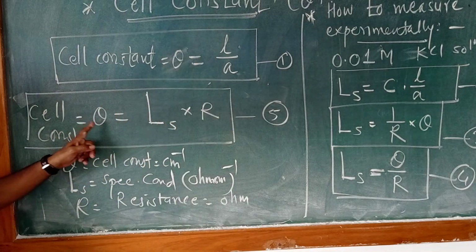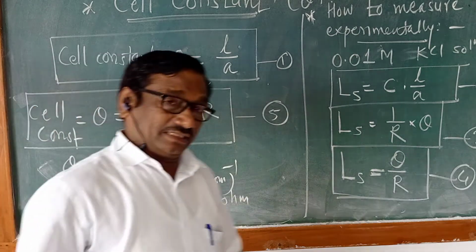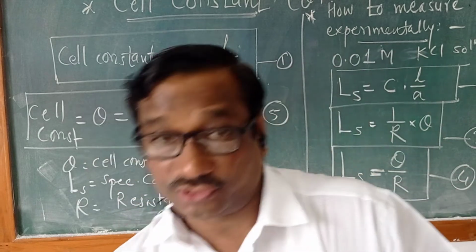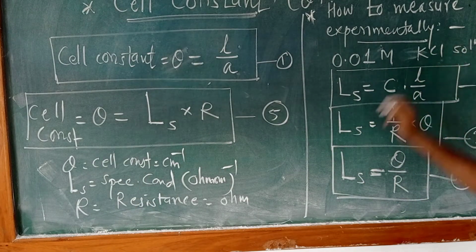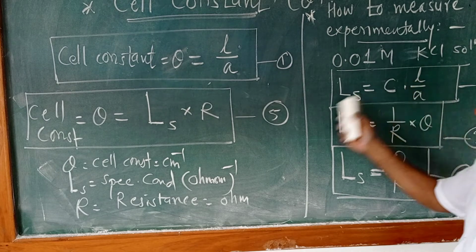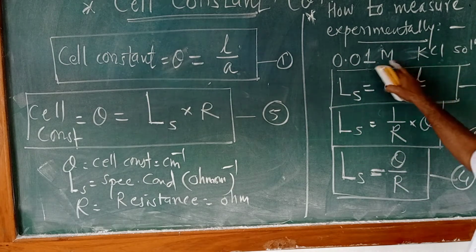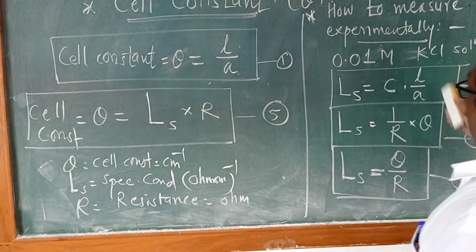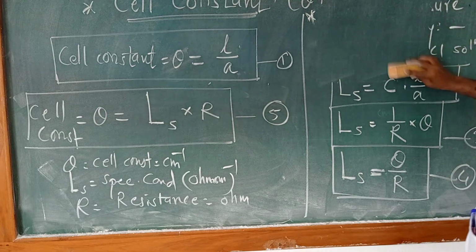So theta is equal to Ls into R. Here Ls is the specific conductance of this 0.01 molar KCl solution. Practically, you can measure the resistance of the KCl solution, and you know the specific conductance of the KCl solution whose concentration is known. So how to measure theta practically is like this.